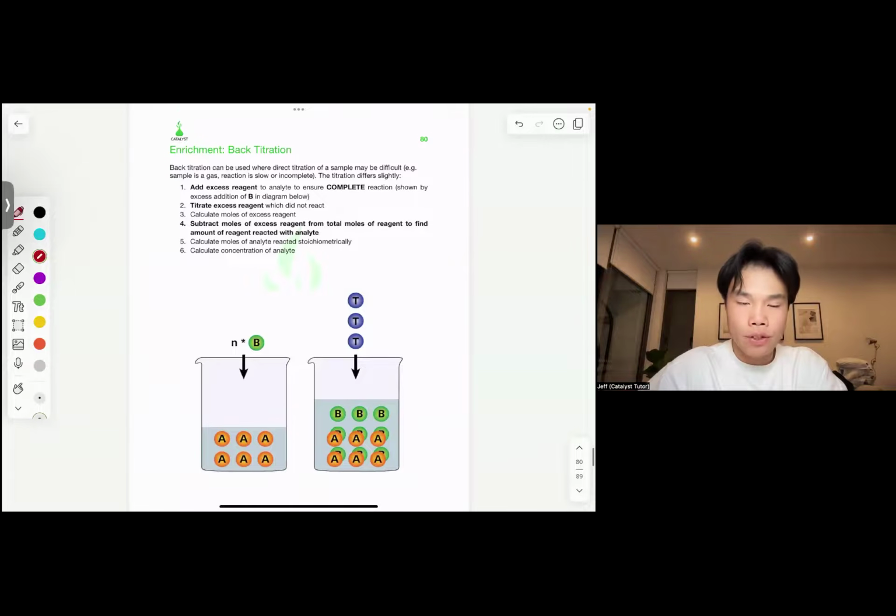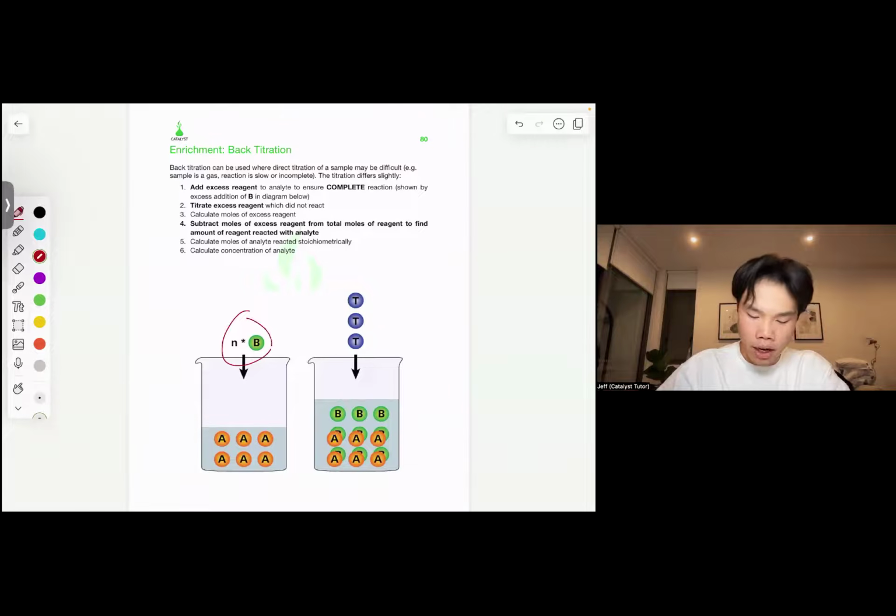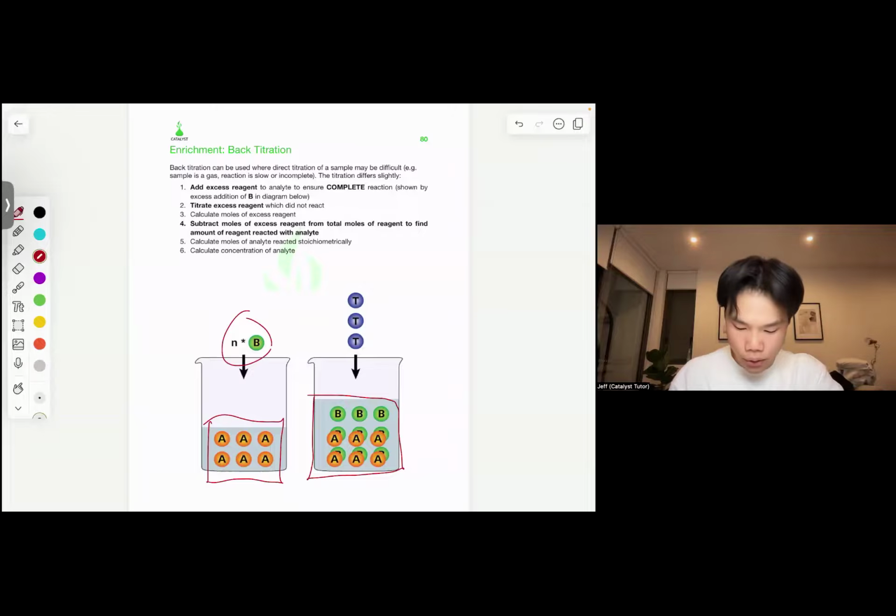is oftentimes used when whatever you're titrating doesn't react very quickly, and you can't guarantee it'll reach complete reaction from a normal titration. So back titration, you'll react an excess amount of titrant with whatever analyte you're using. So you add in more titrant than you need, guaranteeing that you neutralize all of the acid or base that is present in the analyte.